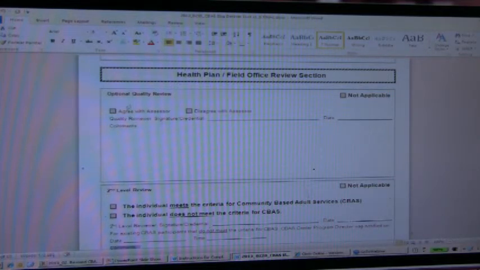Let me just jump in for a second. One of the things that we tried to incorporate from version 1 to version 2 on the signature page was that this is a tool that's used both by the plans and by DHCS, and that there are different processes out there. And so we tried to acknowledge that.